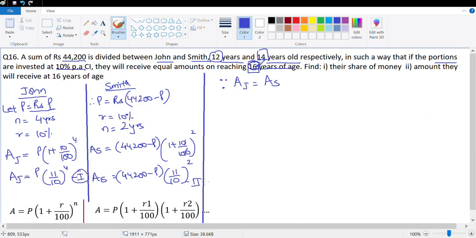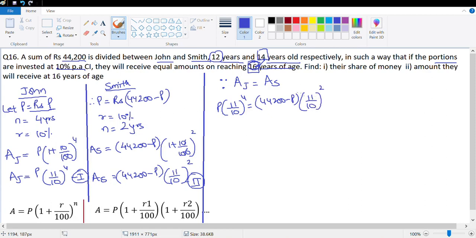When we equate them, what we get is P multiplied with 11 upon 10 raised to the power 4 is equal to 44,200 minus P multiplied with 11 upon 10 raised to the power 2.